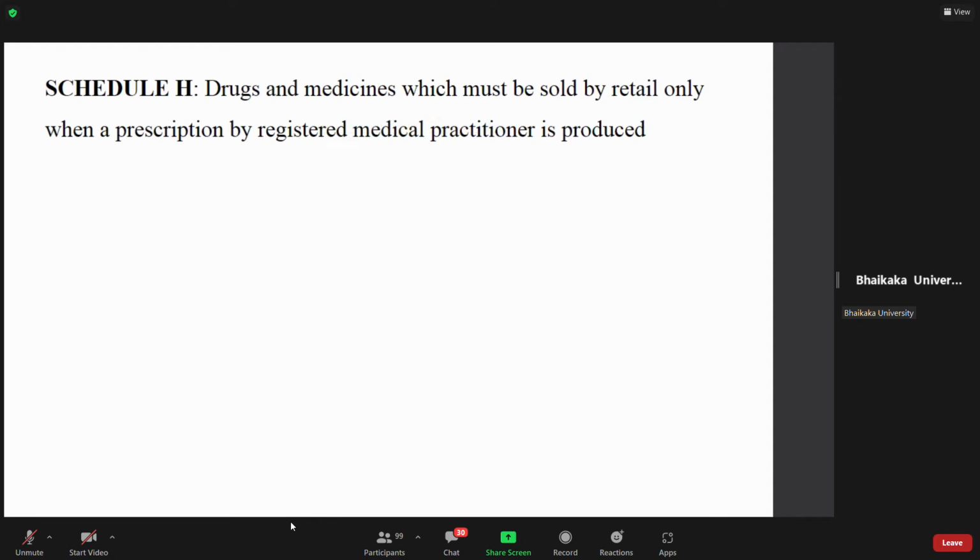So such drugs are known as prescription only drugs. So for selling of such drugs, you require to have prescription. Without prescription, the selling of these drugs is prohibited. So you may find on the label of such drugs, it is written that Schedule H and prescription only drugs.